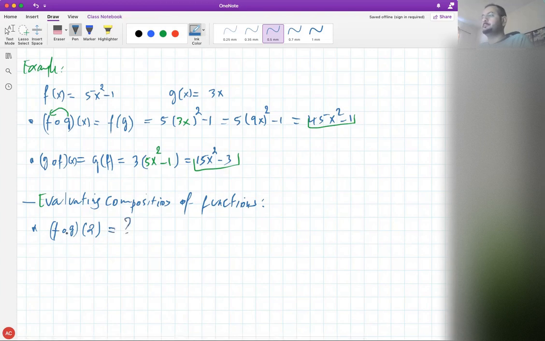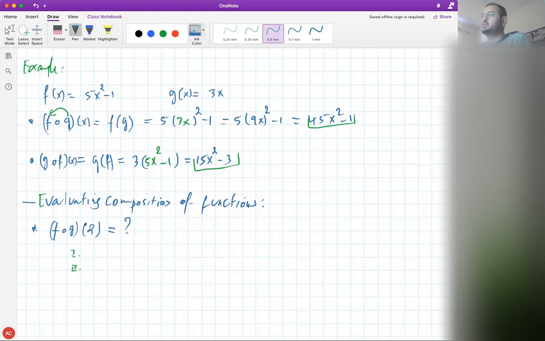And this is how you do it. You've got to do it in 2 steps. So if we have f of g of a specific number, you can do this without actually finding the function. If you have x here, then you have to plug one into the other. The first step: you evaluate this. Again, this is not a multiplication.